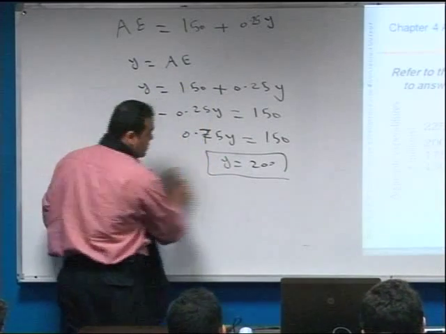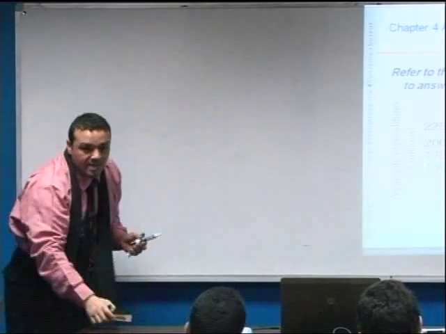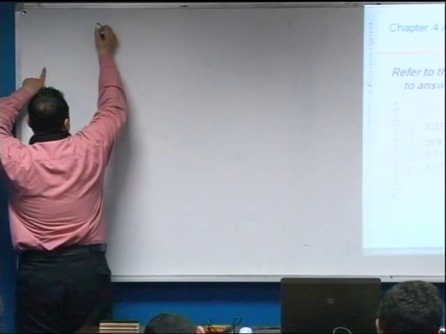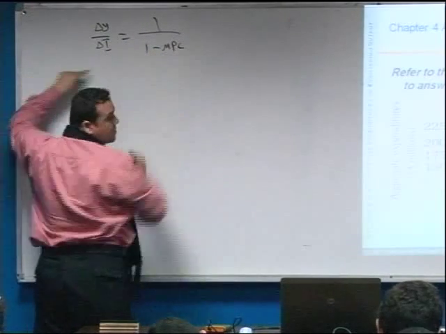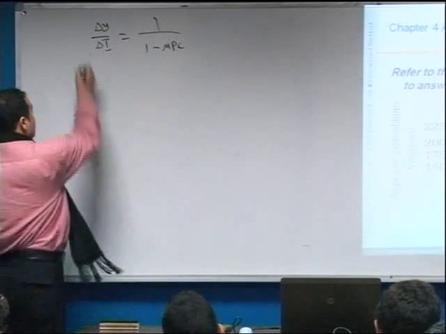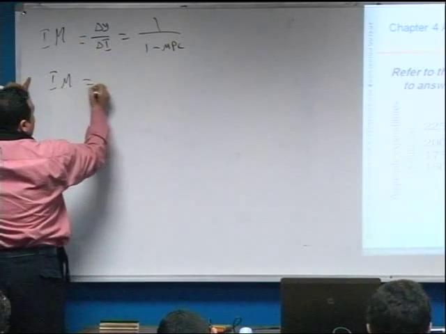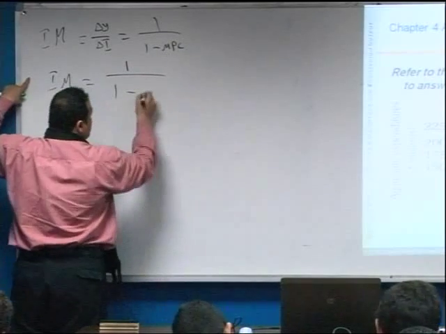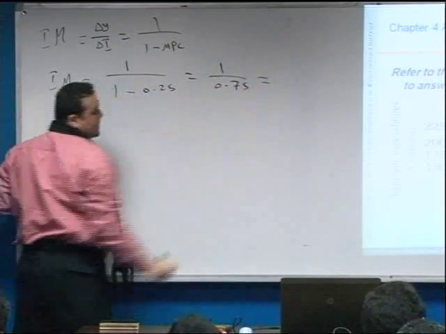The investment multiplier, which is delta Y over delta I, equals 1 over 1 minus MPC. MPC is known. This is the investment multiplier. So the investment multiplier equals 1 over 1 minus the MPC already calculated, 0.25, equals 1 over 0.75 equals how much?